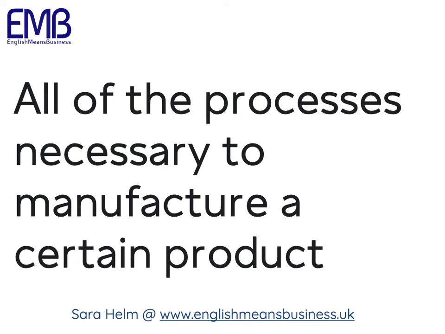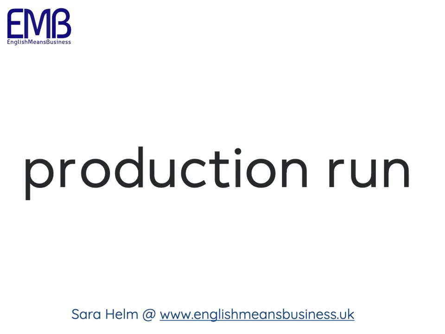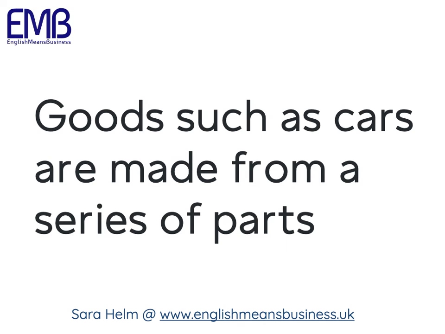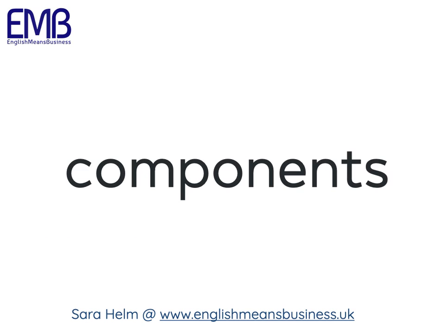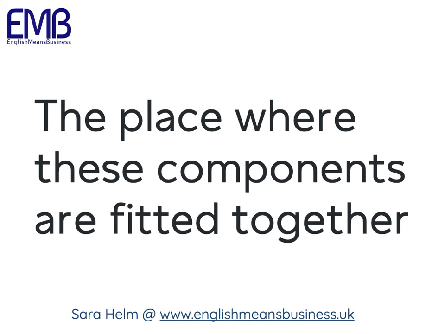All of the processes necessary to manufacture a certain product are known as a production run. Goods such as cars are made from a series of parts. Parts can also be known as components. The place where these components are fitted together.